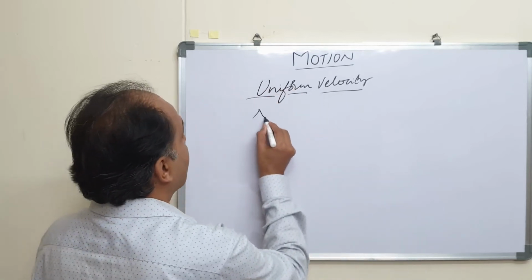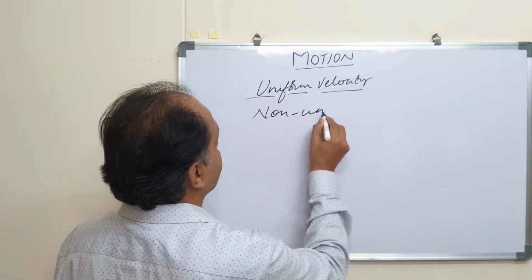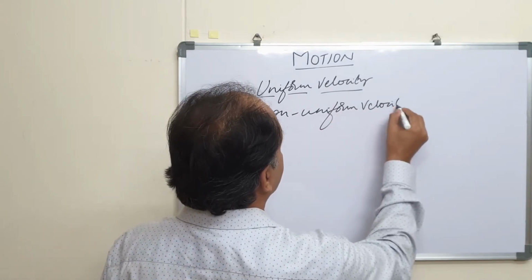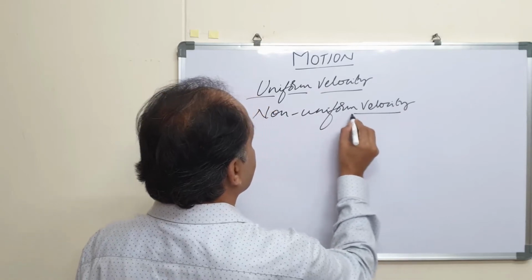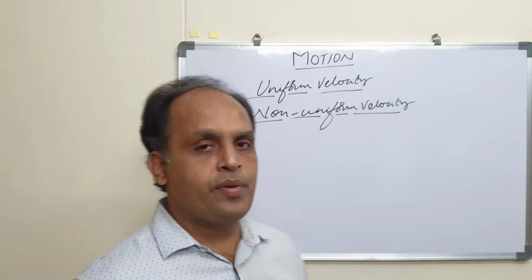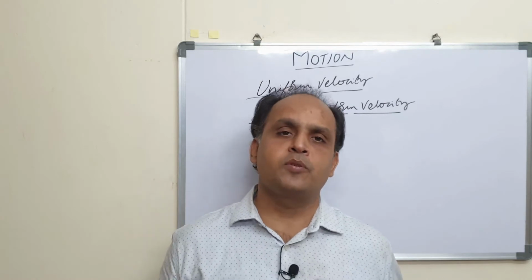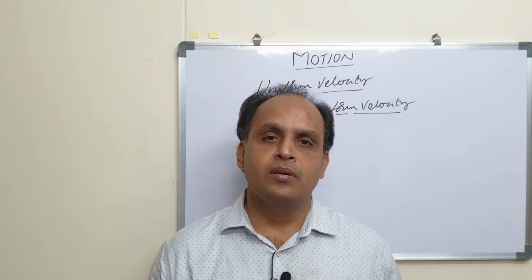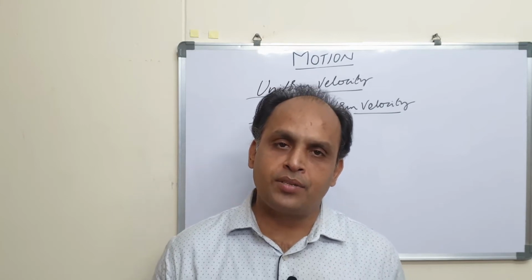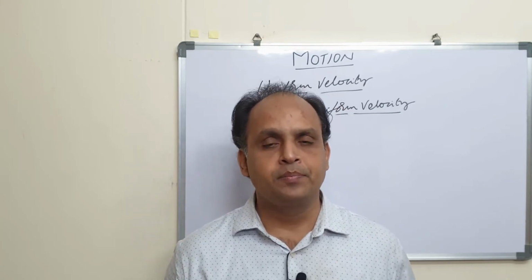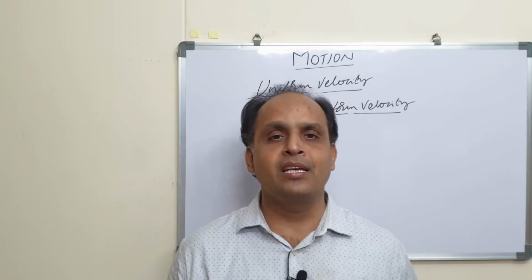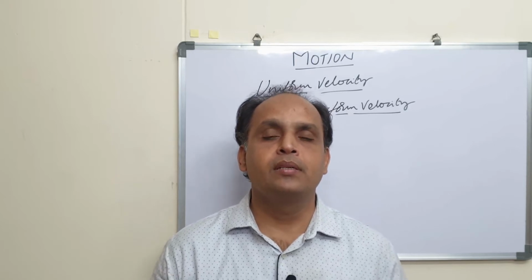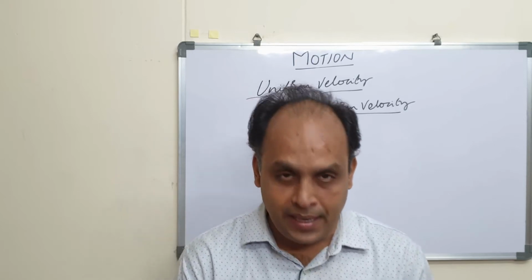Now let's learn what is non-uniform velocity. We have learnt non-uniform speed as well. There we learned that when a body covers unequal distances in equal intervals of time or equal distances in unequal intervals of time, then the body is said to be moving with non-uniform speed.